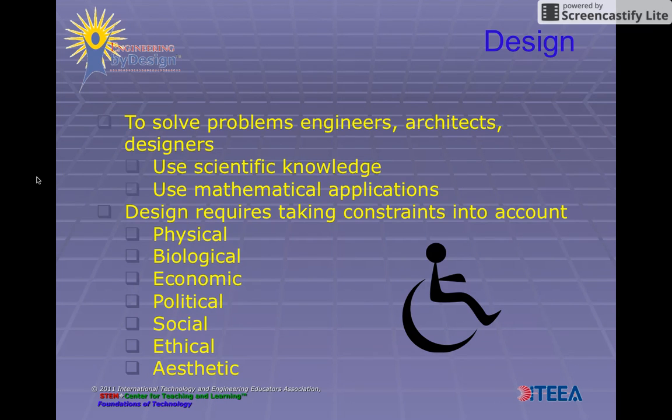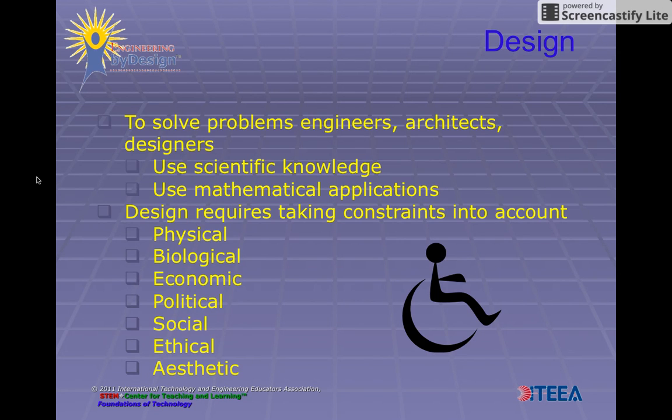So think back to in Unit 3 when we did the mechanical advantage and Ohm's law. We just touched on two very simple scientific principles. There's many more out there, but we had to have that science knowledge and mathematical application because that's what the equations were in order to apply Ohm's law and to create the circuits as an engineer.